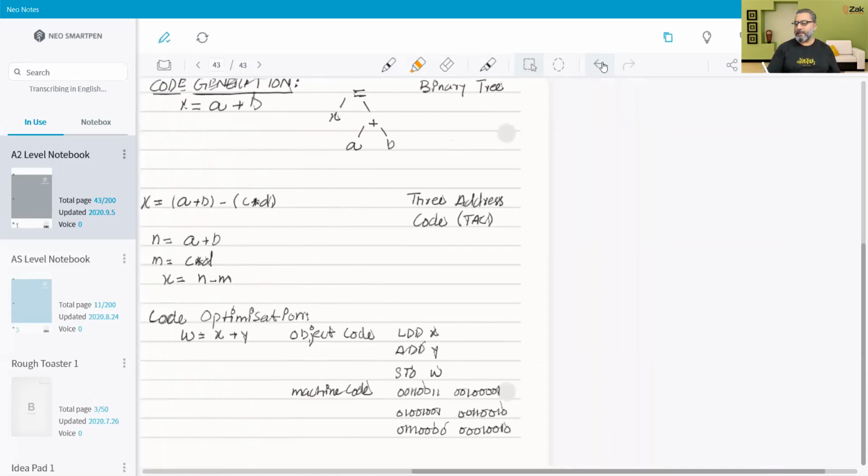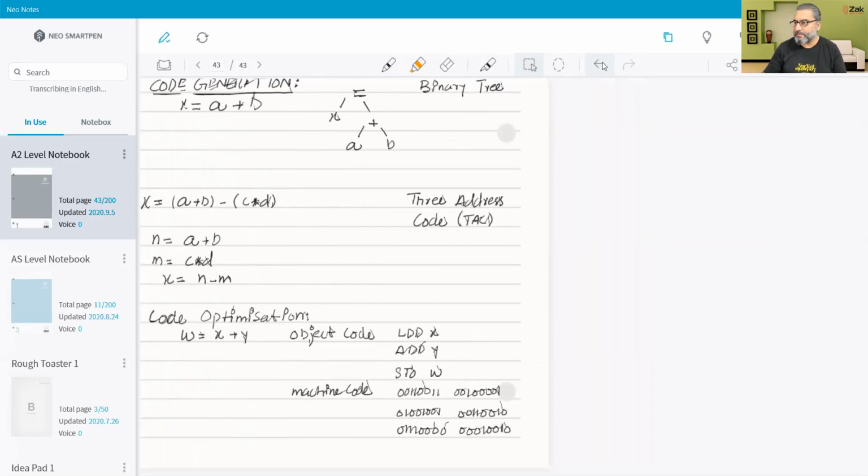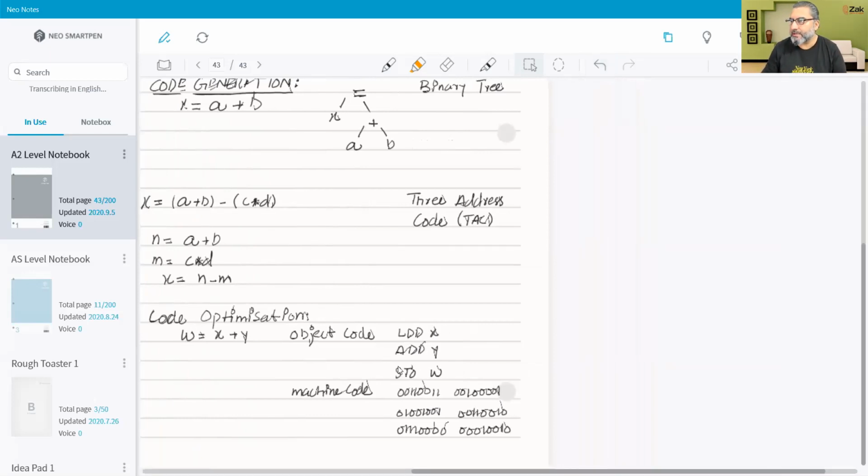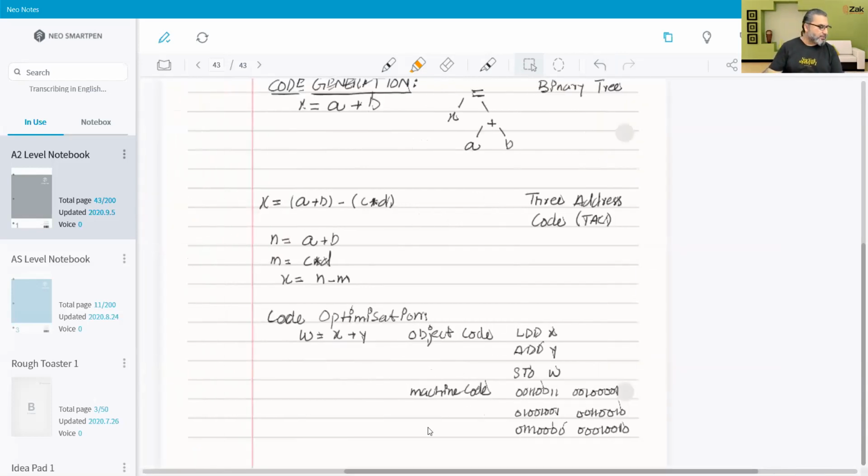All right, so get the idea. This is object code which is generated as per the language, and then the machine code is generated. Afterwards, the code optimization happens.